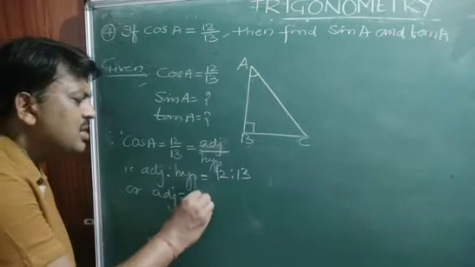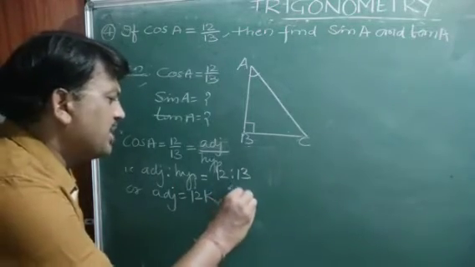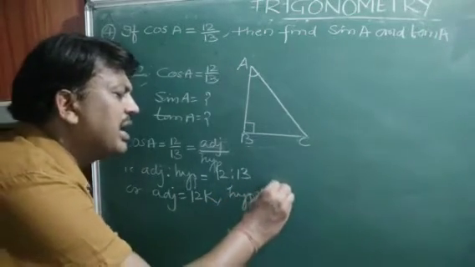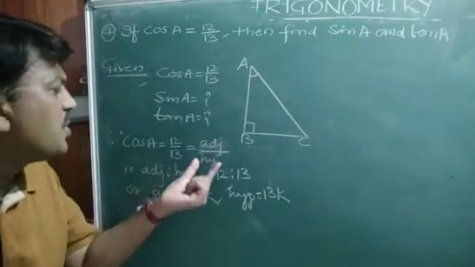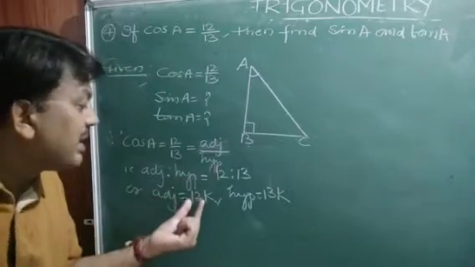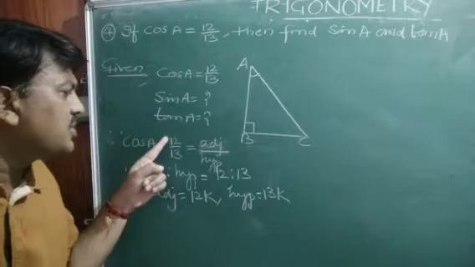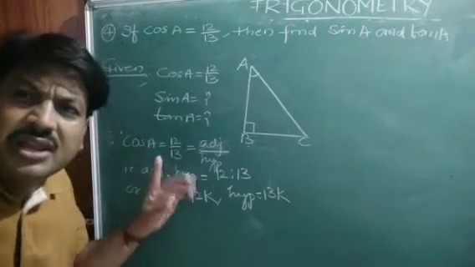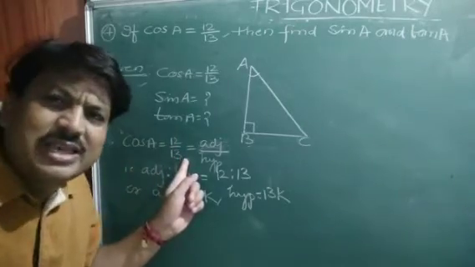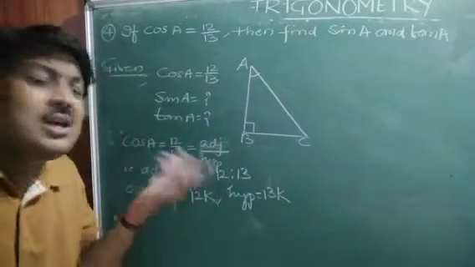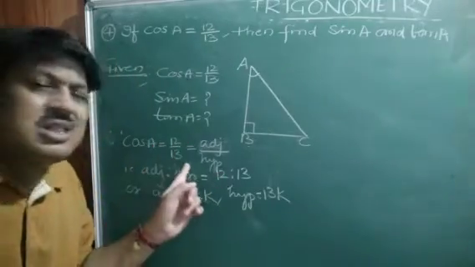Adjacent might be 12 into K and hypotenuse might be 13 into K. Adjacent and hypotenuse have K as a common factor. For example, if the ratio is 12 is to 13 and you multiply with 2, it may be 24 is to 26. Multiply with 3, 36 is to 39. Multiply with 10, 120 by 130.